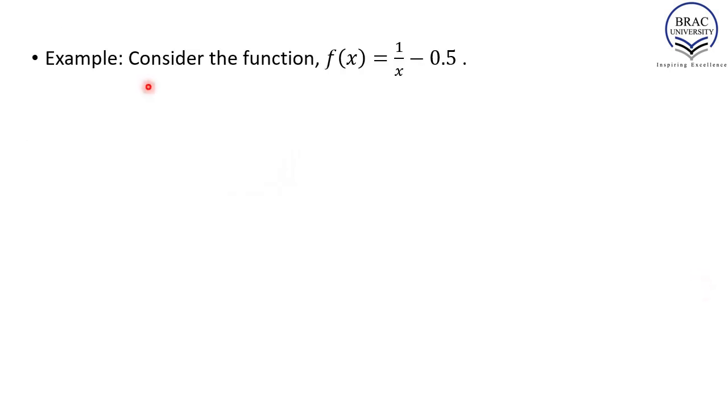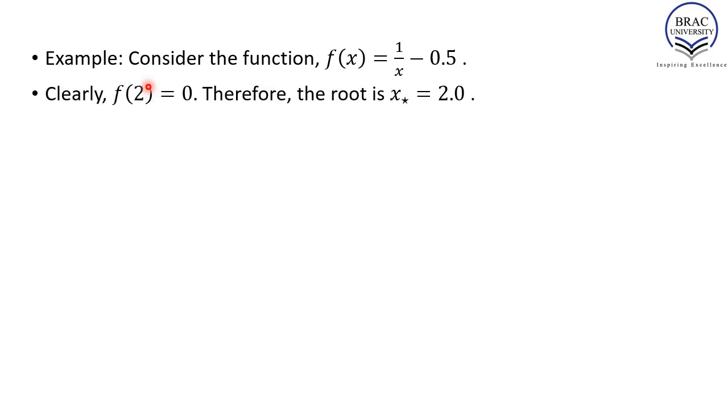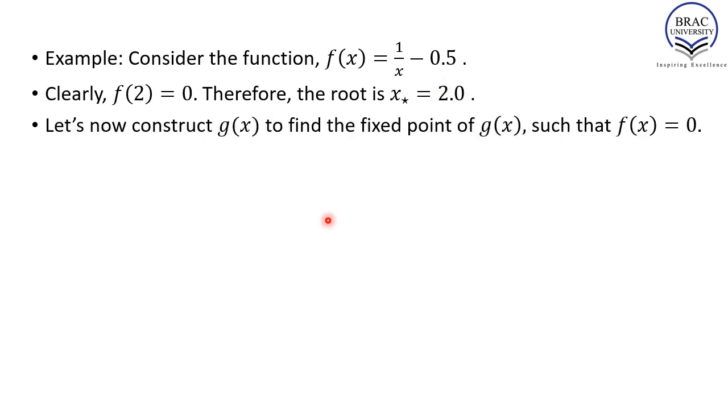Now, for example, consider the function f of x equal to 1 over x minus 0.5. Clearly, for this function, we have f of 2 equal to 0. So we have the root, which is 2. Let's now construct g of x to find the fixed point of g of x, such that f of x will be 0.